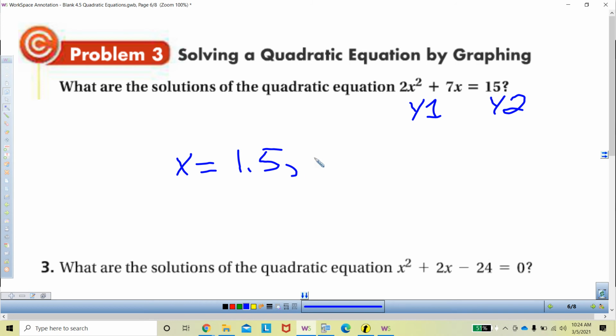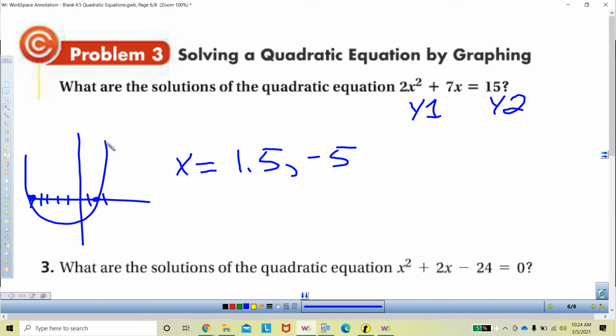So x equals 1.5 and negative 5. If we have the parabola, what that means is over here, negative 1, 2, 3, 4, 5. That's one place it crosses, and it crosses again right there. Is this parabola right side up or upside down? Right side up, because a is positive, so your parabola is going to look something like that.